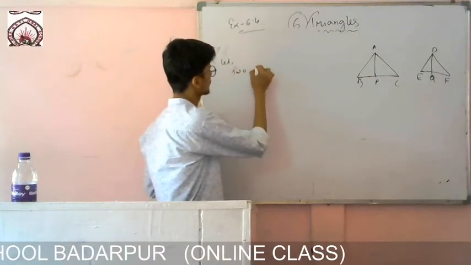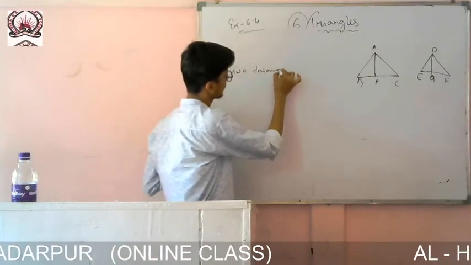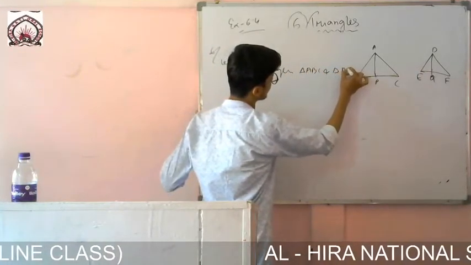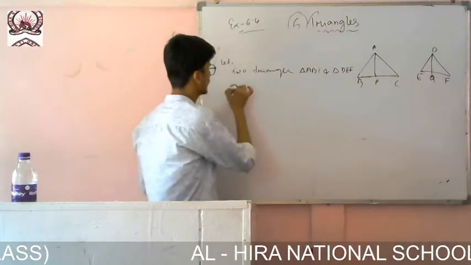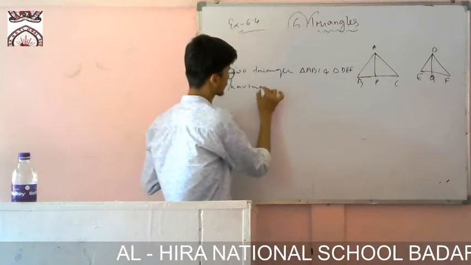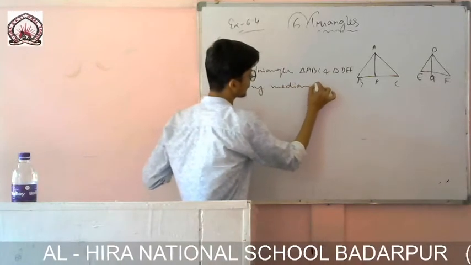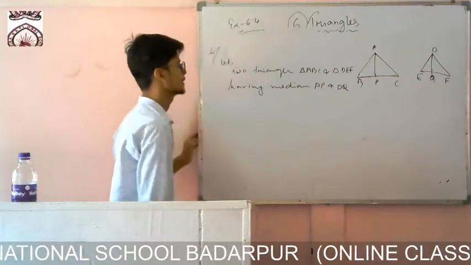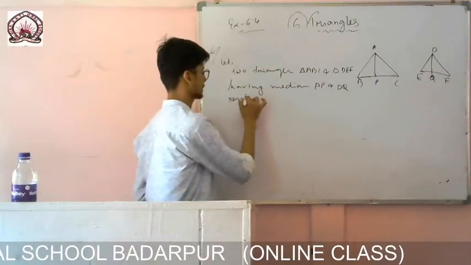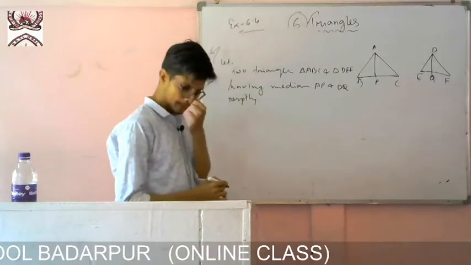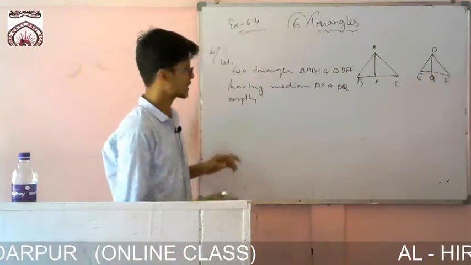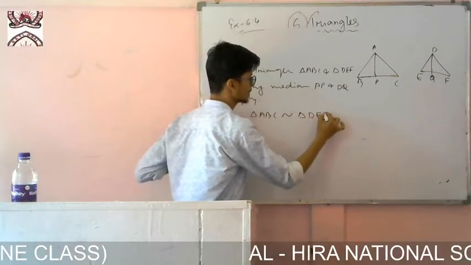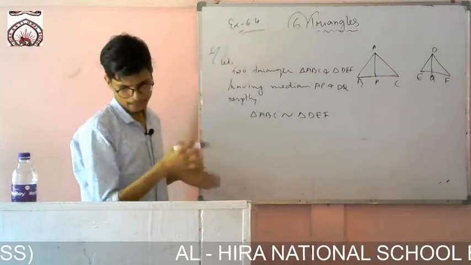Let two triangles, ABC and DEF, have medians AP and DQ respectively, and it is given that these two triangles are similar. So I can write triangle ABC is similar to triangle DEF.